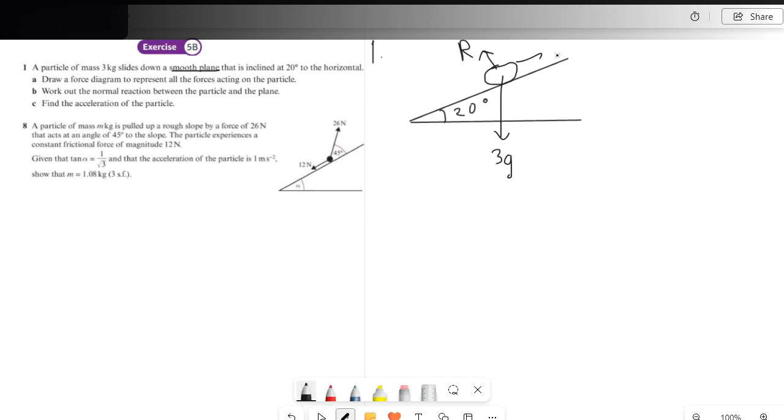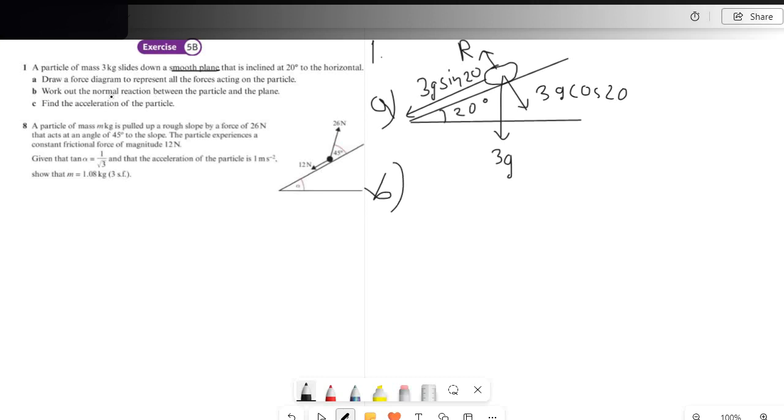Hence, the only force acting parallel to the inclined plane will be the component of weight, which is mg sin theta. In this case, it should be 3g sin 20. And here, perpendicular to the inclined plane, should be the component of weight, which is 3g cos 20 degrees. And this is the full force diagram.